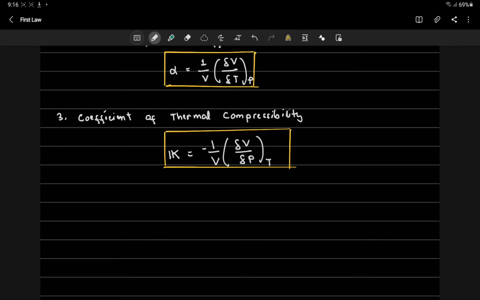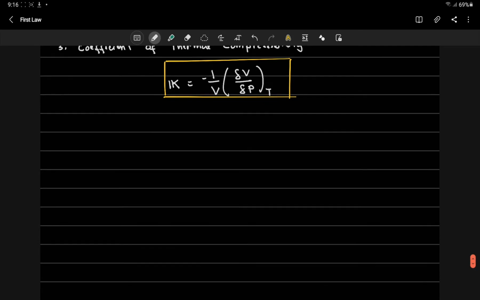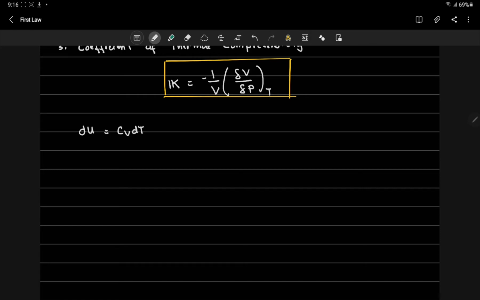Now, given all these secondary relationships, balikan lang natin sandali yung equations natin for calculating change in internal energy and change in enthalpy. Okay, yung change in internal energy, kung matatandaan ninyo, it's this, no? So dU is equal to Cv dT plus the change in internal energy with respect to volume at constant T dV.